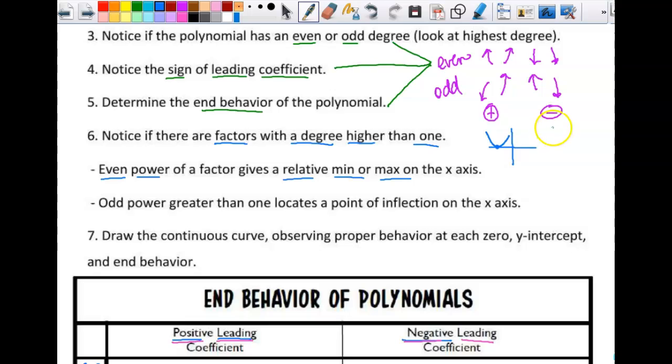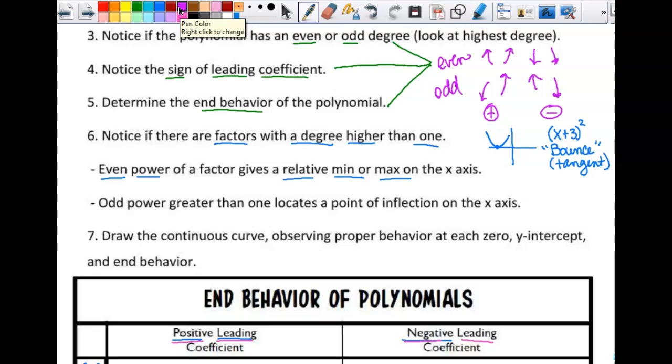So that would be if I had something like x plus 3 squared. So what happens when we're sketching is it just bounces off of the x-axis. It's a bounce. The official word is tangent. Okay, so a bounce, which means it's tangent to the axis.